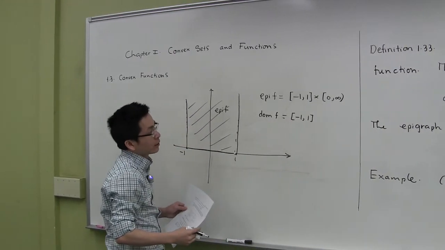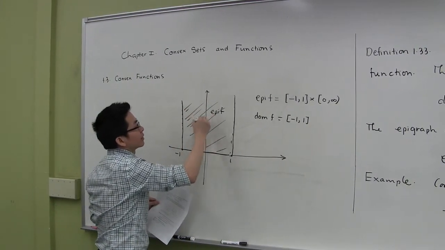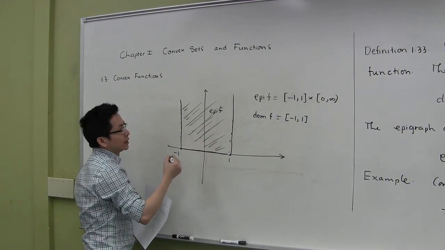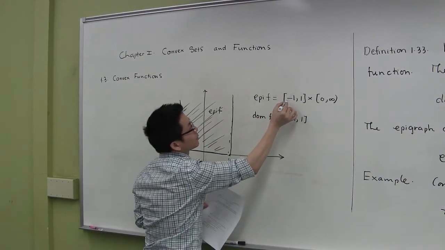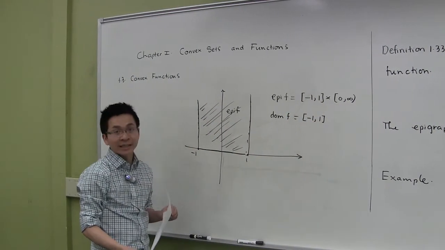And we can also see that this is the epigraph of the function f. It is actually minus 1, 1 times 0 to infinity.